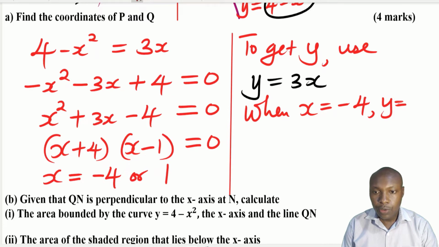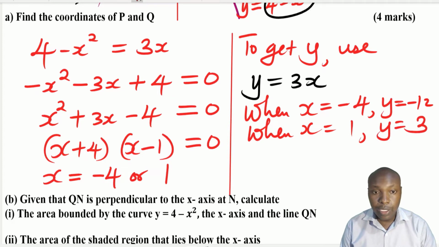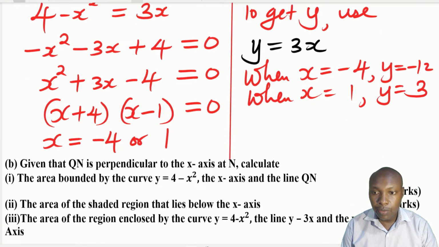So when y = 3x and x = -4, y will be -12. Then when x = 1, the other value, y will be 3.